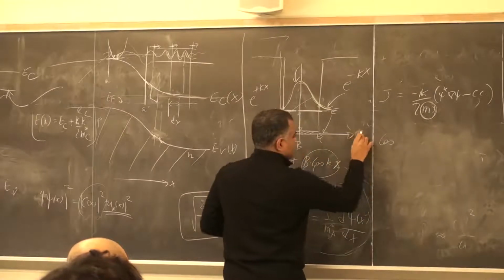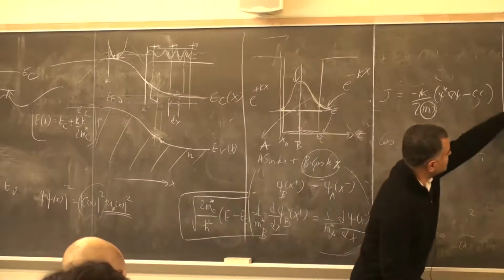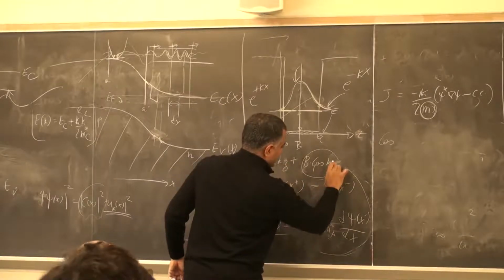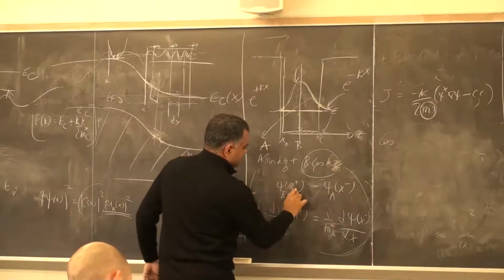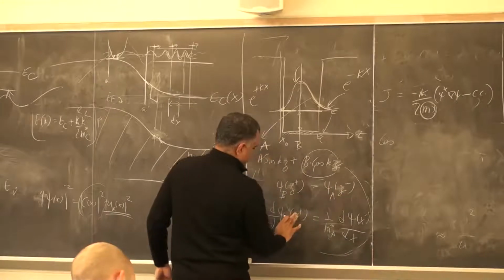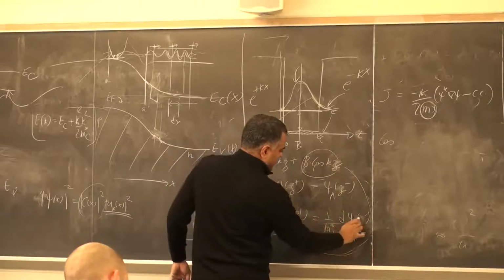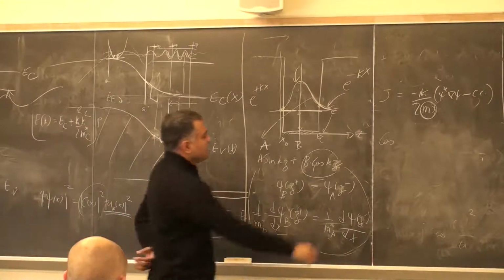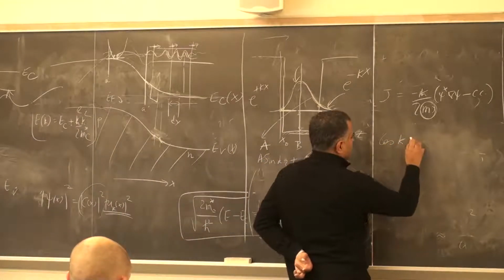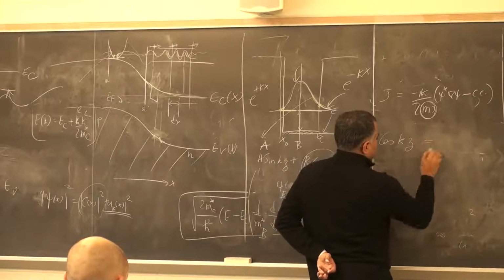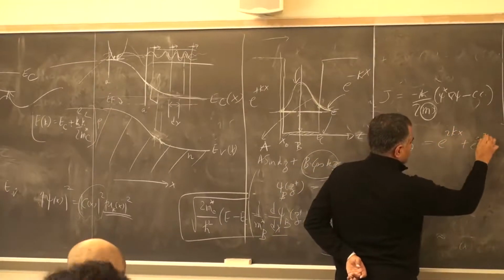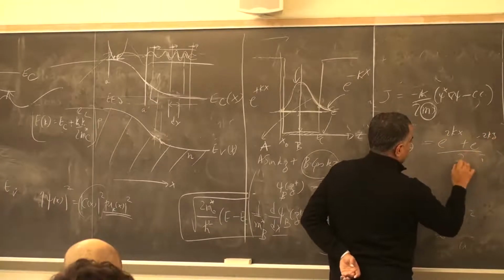Let me change it to z because we have quantum confinement along z. So we just change all the x variables to z here. So cosine of kz, we know that it's e to the power ikz plus e to the power minus ikz, divided by 2.